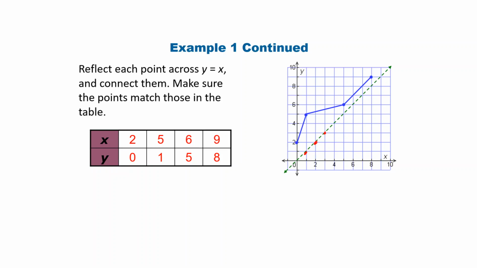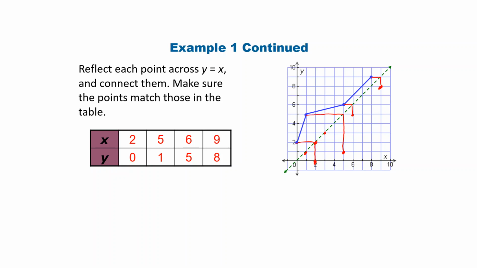And next we have to reflect each of our points. If our 2 is reflected across that, we end up here. Our next point comes here and down. So here are our reflections across our y equals x.